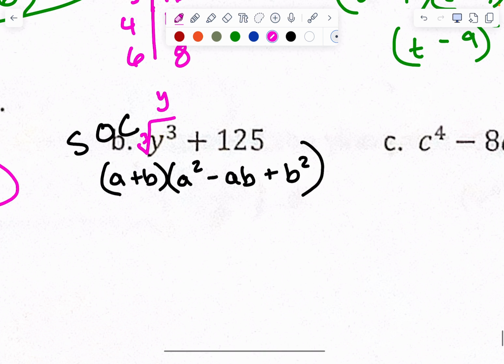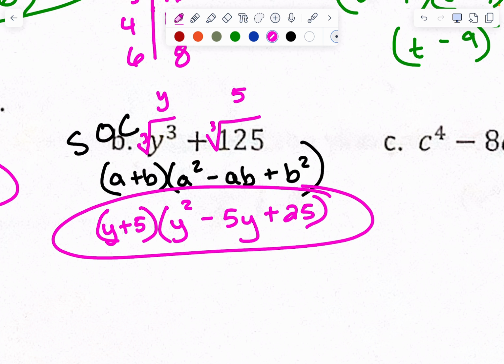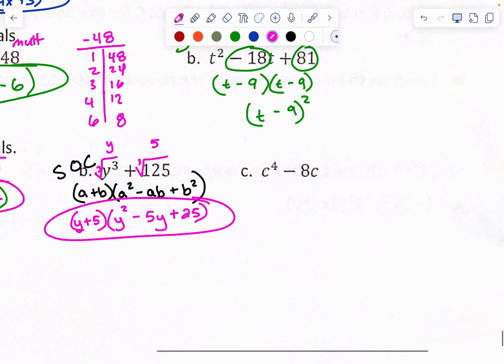A is y. If I take the cube root, what's B? 5. So I've got y plus 5, times y squared minus 5y plus 25. There you go. That is all. Easy peasy.